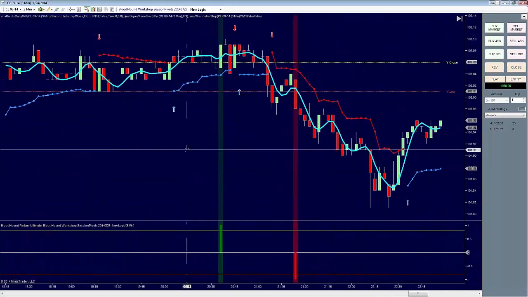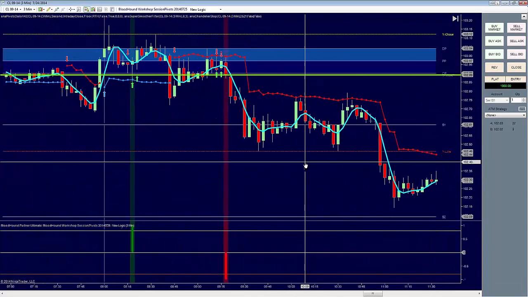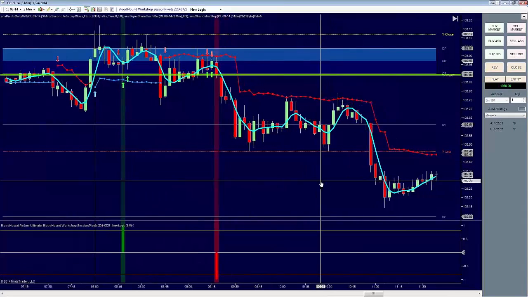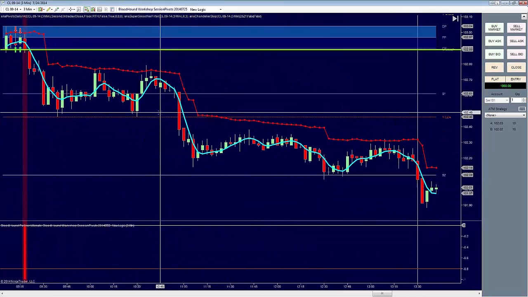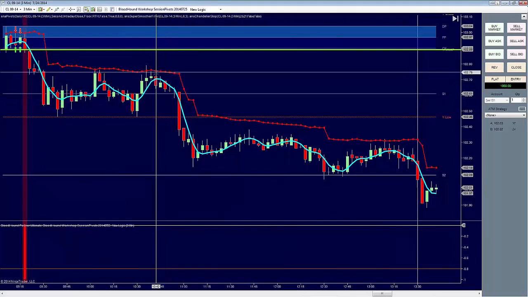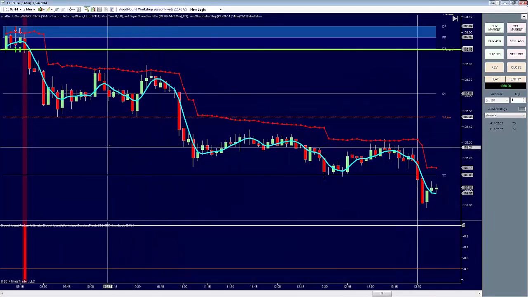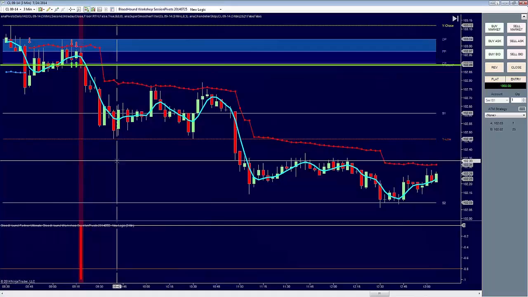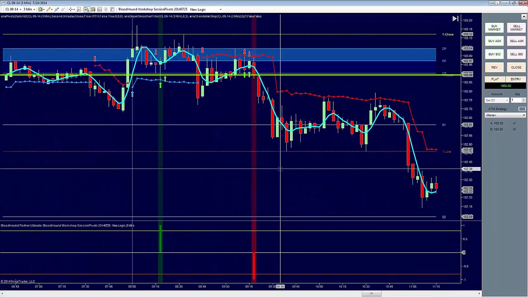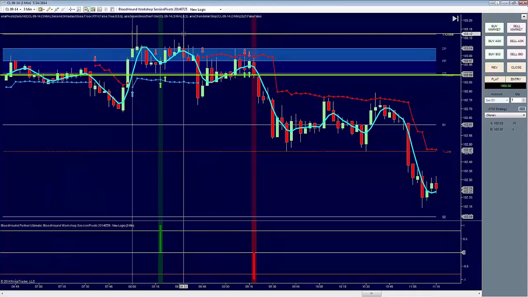Good short there in the overnight, terrible long. One good short yesterday morning. We couldn't get one here because we'd be trading directly into the S1. But if you would have taken that short, you'd have done pretty well, huh? Of course, that long, you could have ridden it back to yesterday's close and gotten out.